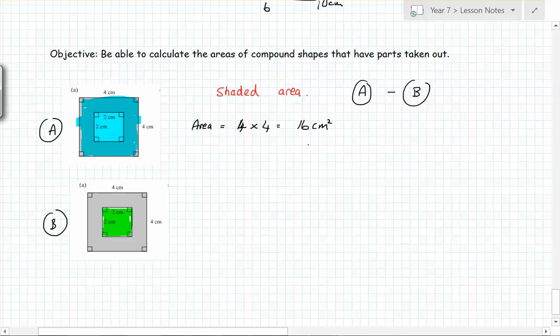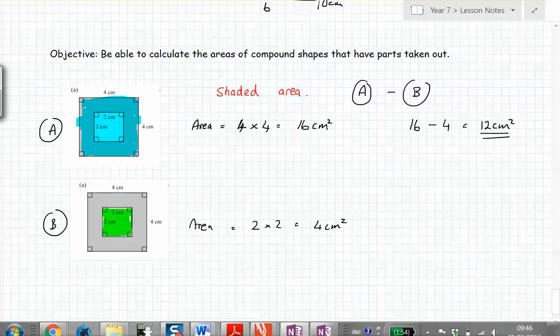And the area of this one would be 2 times 2, which would be 4 square centimetres. So the area of just the shaded would be 16 minus 4, which makes 12 centimetres squared. So that would be your answer. It's as simple as that. That's what you'd have to do.